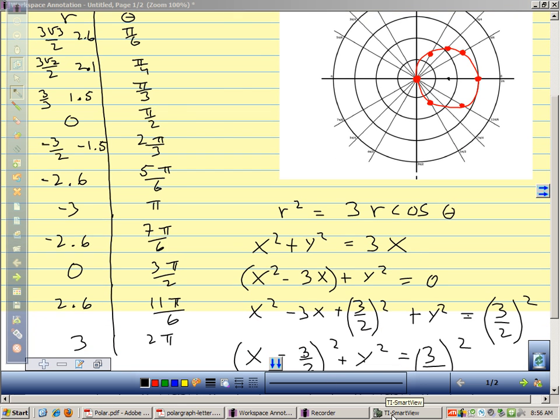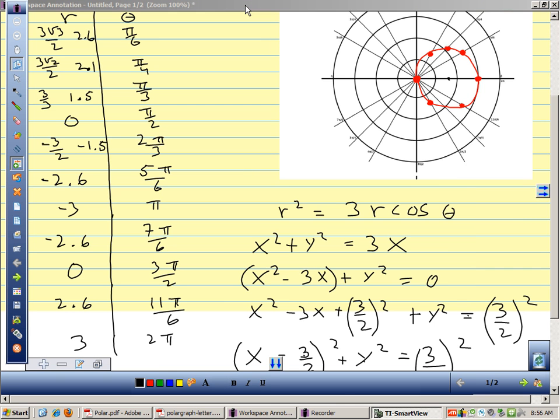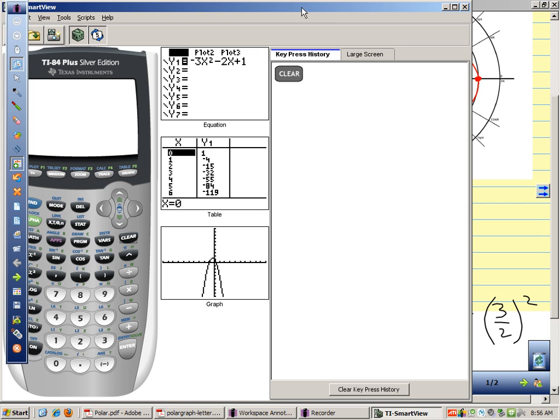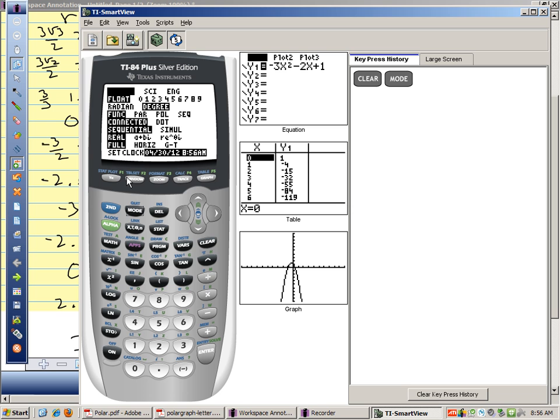On your calculator, let me clear this out. On your calculator, if you go to mode, and down here where it says function, PAR, POL, and SEQ, you're going to go down and change this to, this third one, POL, is polar.